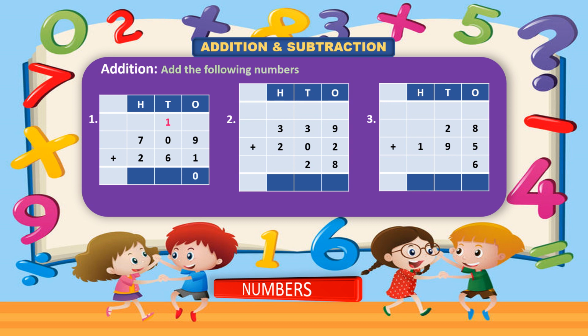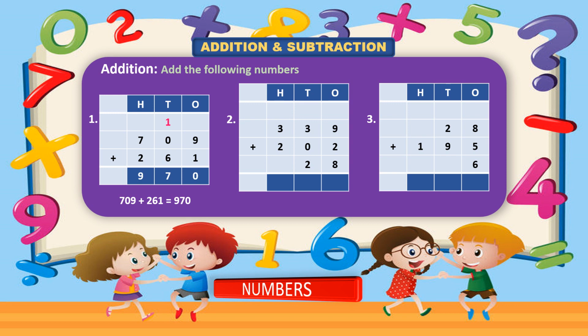Then we add the tens place. 1 plus 0 plus 6 is equal to 7. Now we add the hundreds place. 7 plus 2 is equal to 9. The answer is 970.